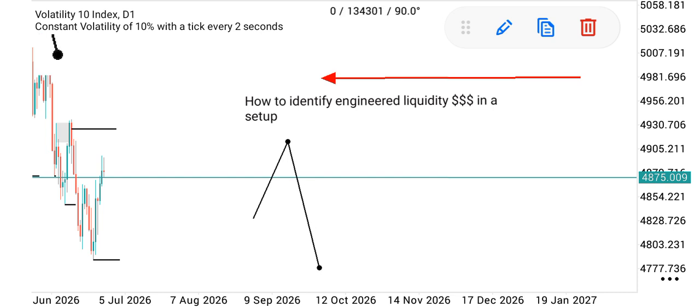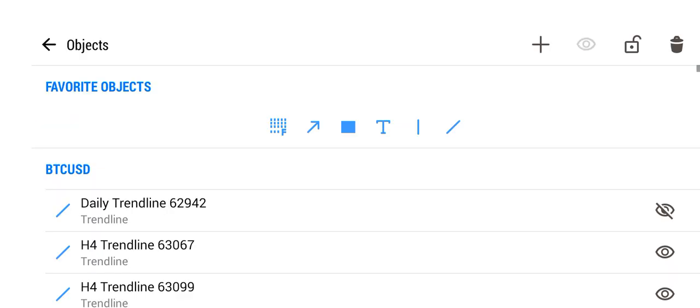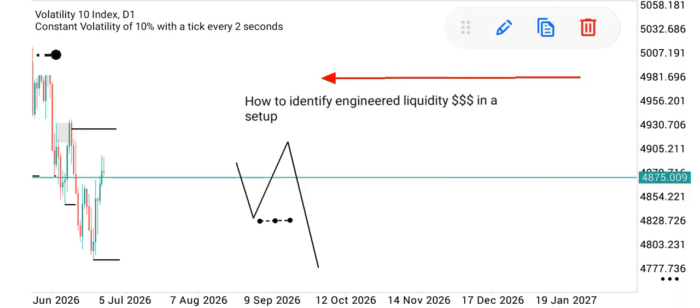The market gives us a break of structure at this point.